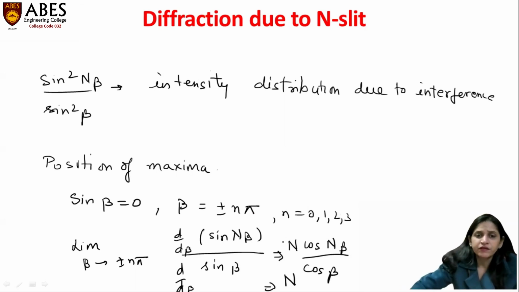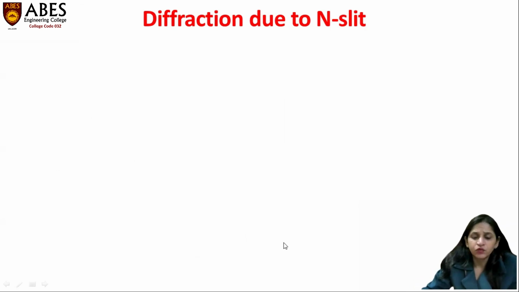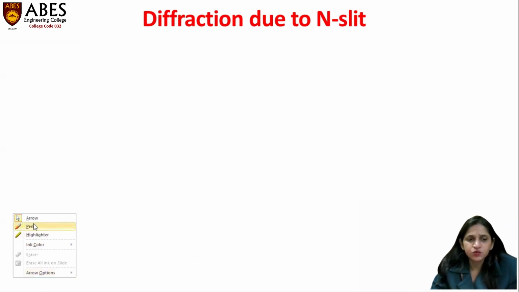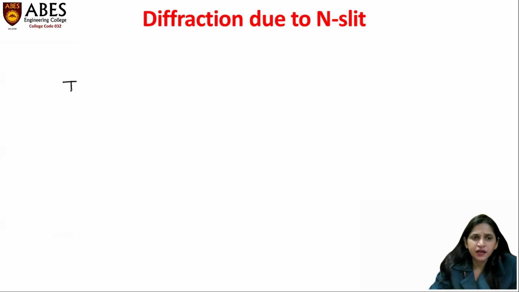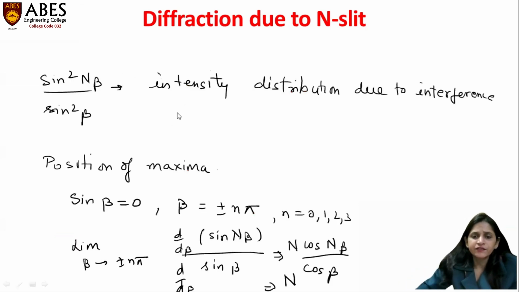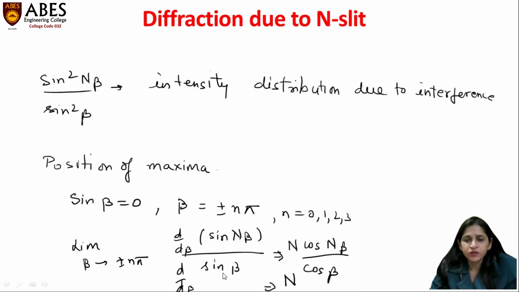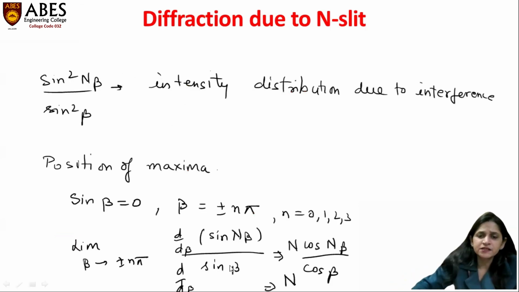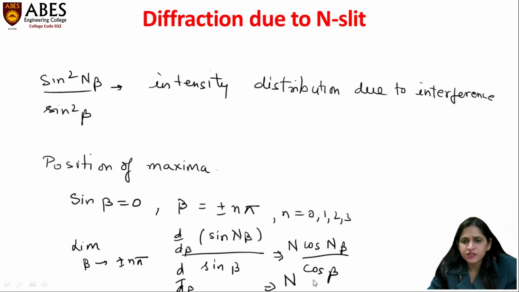The intensity equation is I equals A square sine square alpha over alpha square into sine square n beta upon sine square beta, and from here we have calculated the value of sine n beta upon sine beta, which is n.